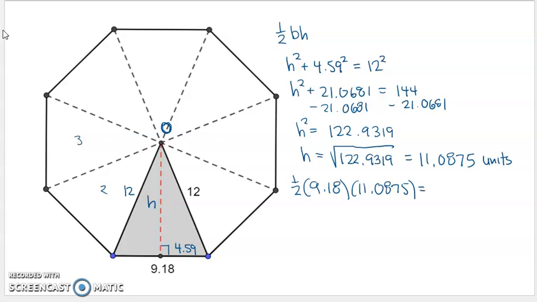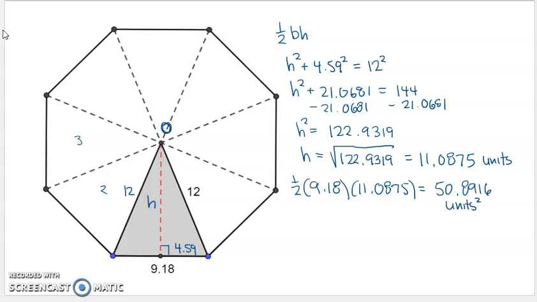And when I do that, and again rounding to 4 decimal places, I get 50.8916. Now, that is the area of this shaded triangle. That would be, by the way, units squared, since it's a measure of area.